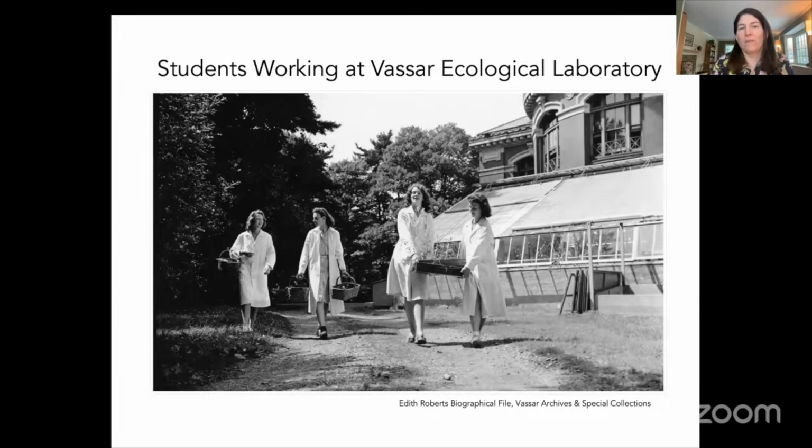When Roberts arrived at Vassar College to teach in the early 1920s, she immediately began setting out to establish what she called an ecological laboratory. Her goals were twofold. First, to establish a facility to train students in scientific botany. But second, she wanted to test whether native plants could be reestablished on degraded soils.